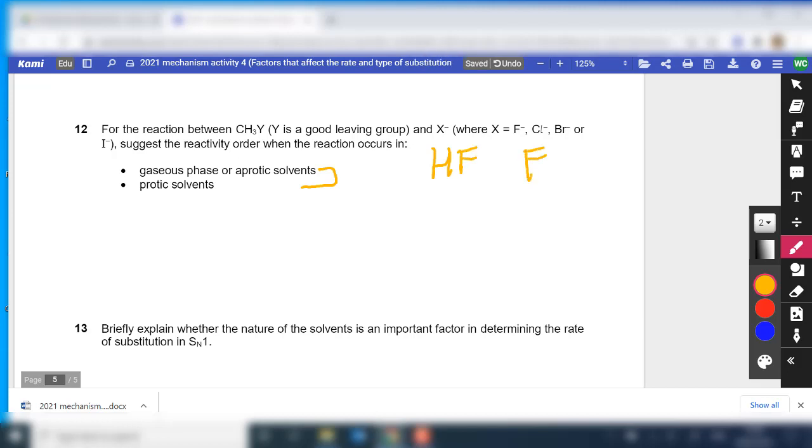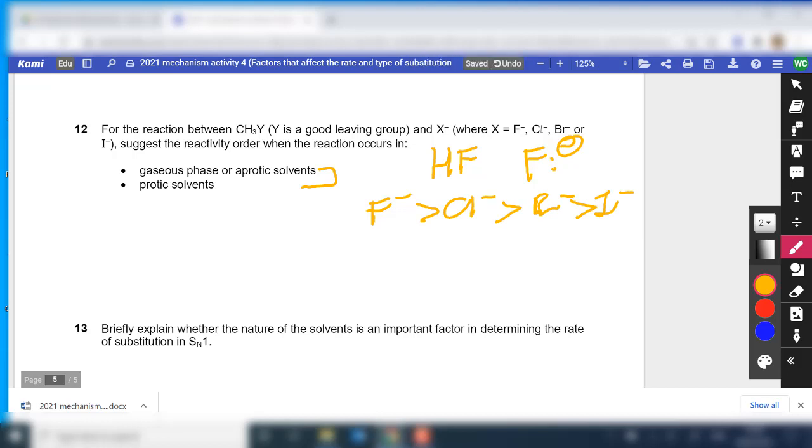Therefore its conjugate base, fluoride, is a relatively good base compared to the rest. Without solvent effects, there is a correlation between the strength of the nucleophile and its basicity. So in the gaseous phase, I would expect fluoride to react the fastest, followed by chloride, followed by bromide, followed by iodide.